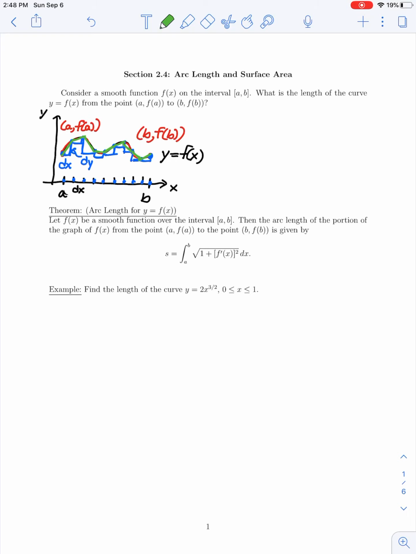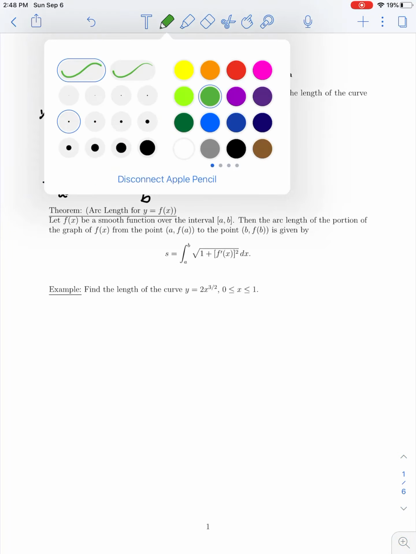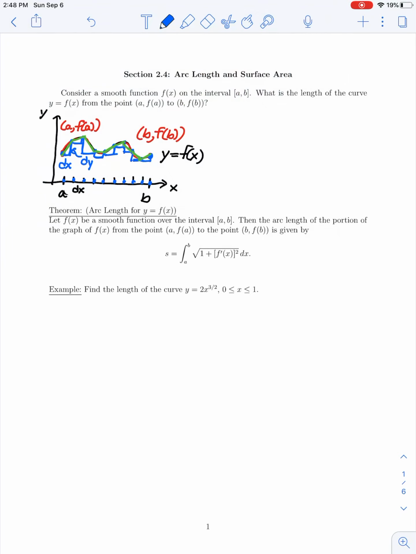So if we think about one of these little segments, let's maybe pull out one of these shapes. We have a little triangle whose legs are length dx and dy, and we can see that they're forming right triangles.